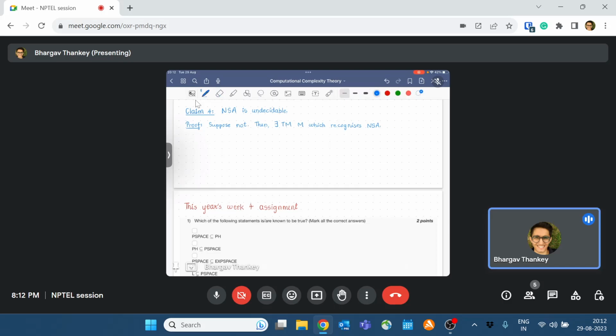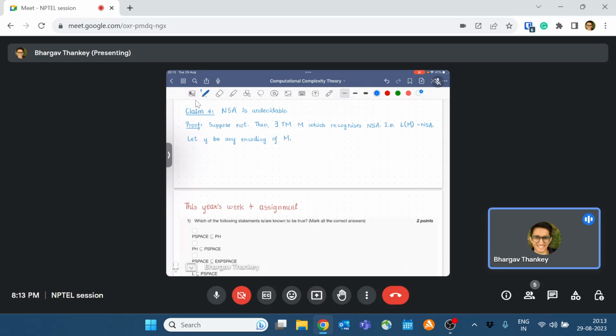This just means that the language of M is NSA. By this notation, language of M, I mean that the language that M recognizes is NSA. So now let Y be any encoding of M.